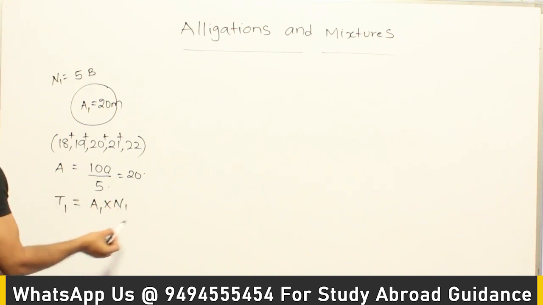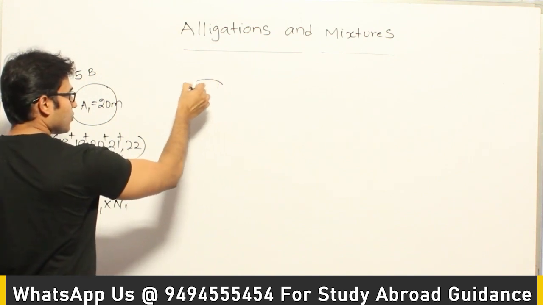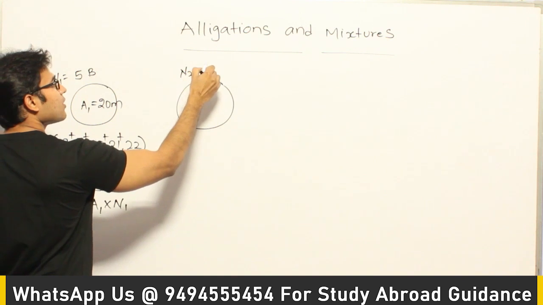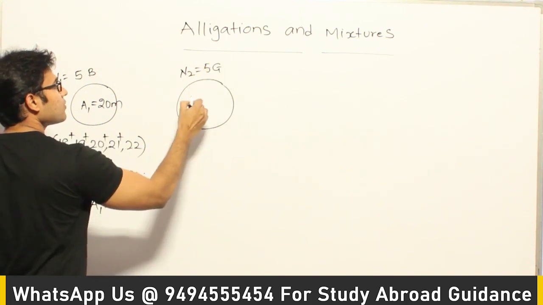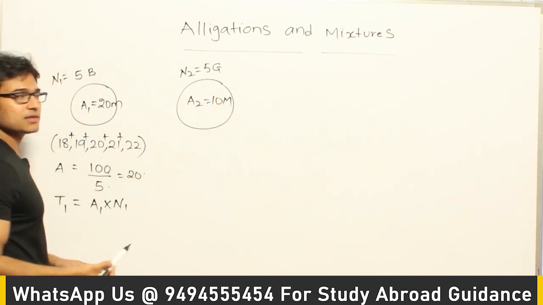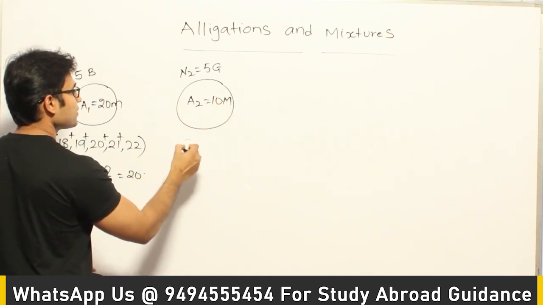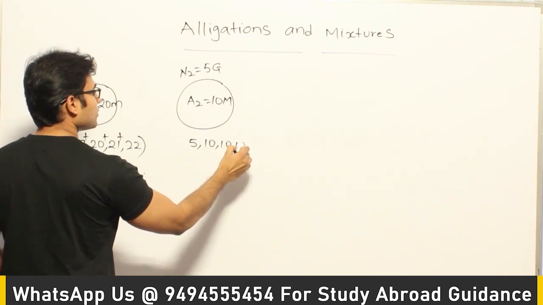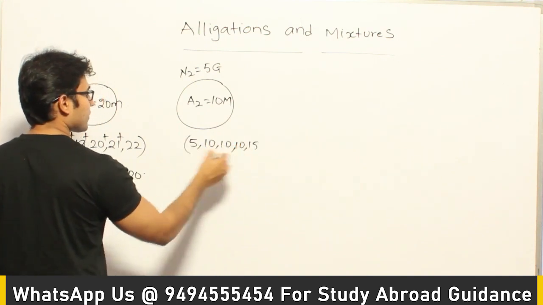Got it? Now let us assume that there is one more group, a group of girls, and in this group there are 5 girls, and the average of this group is, assume, 10 marks. Let us say the distribution of the marks is 5, 10, 10, 10, 15.